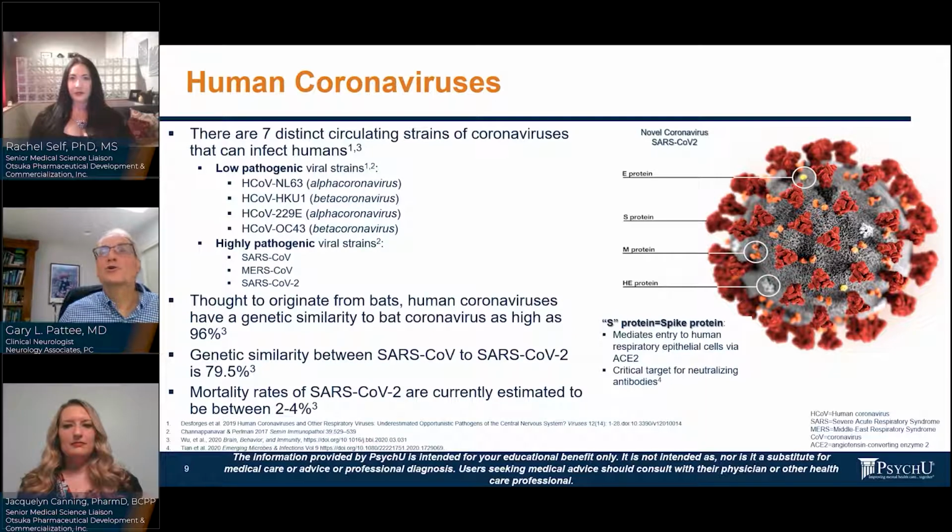Now, these are very large single-stranded RNA viruses that we're dealing with, and the low and high pathogenic varieties are mentioned there. 2 of the low pathogenic have been known to invade the nervous system, which we'll talk about a little later on as well. But I think it has to do with the size of the virus. The smaller the virus can become, it can get deeper into our respiratory tract and potentially constitute a more pathogenic variety.